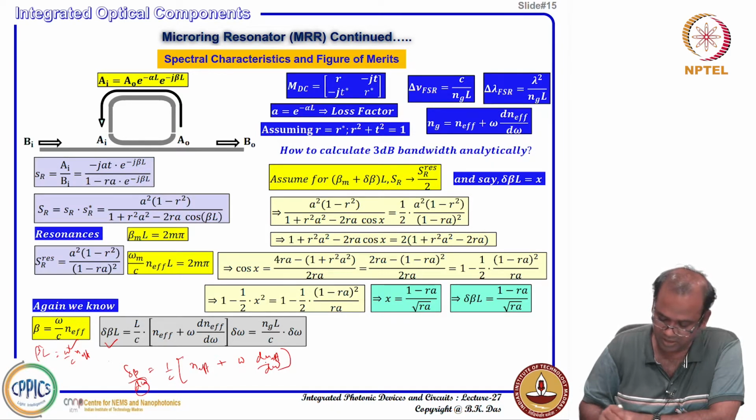And if I multiply by L by c, that is how we are getting here, and this one we know is Ng, the group index.